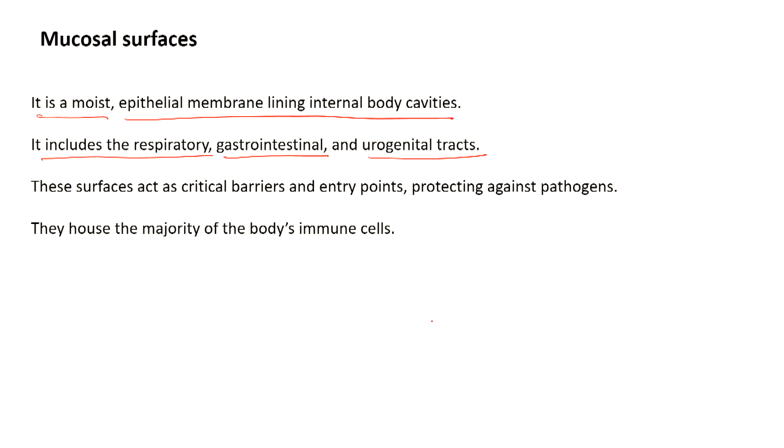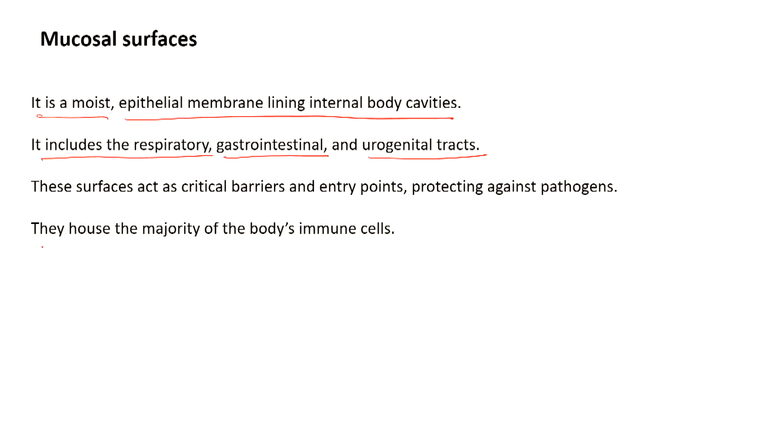These surfaces are critical barriers and the entry points for many things, and therefore we need a very robust immune system to protect against the pathogens which are entering the body through these openings, because essentially these are exposed openings.